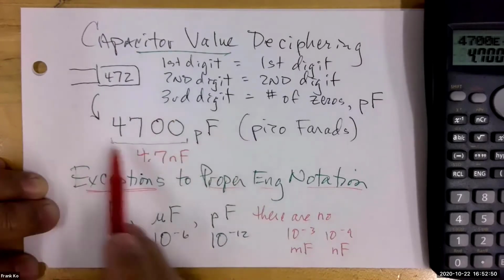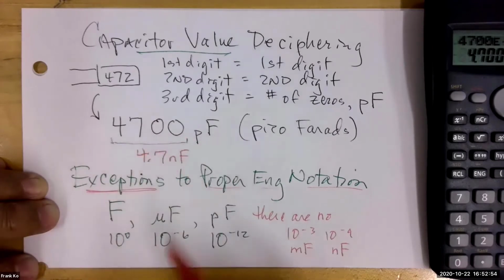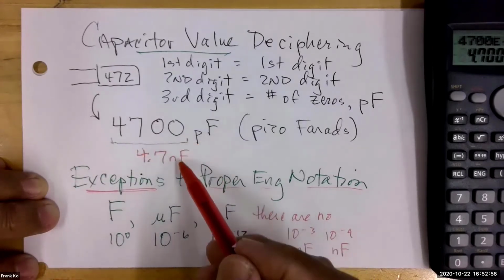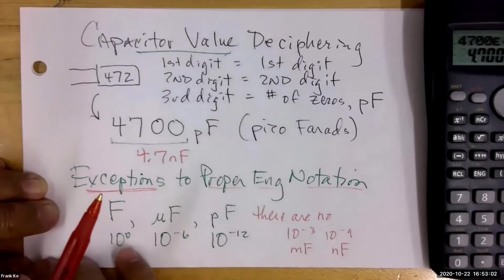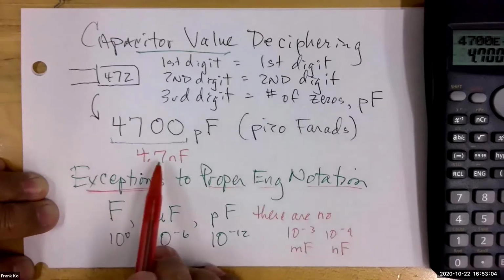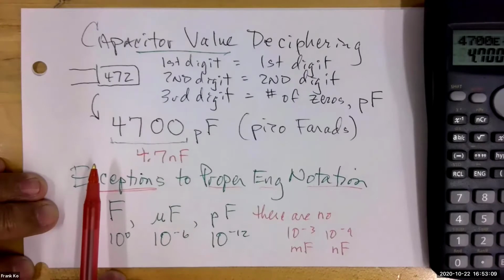So given this particular interpretation of this being 4,700 picofarads, we're not going to convert this to 4.7 nanofarads to maintain proper engineering notation, okay? We're going to stay with, in this case, pico. Why wouldn't we change this to microfarads?